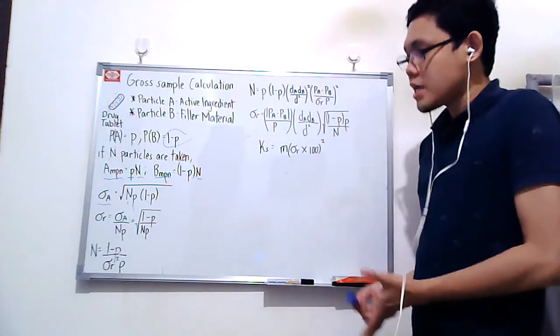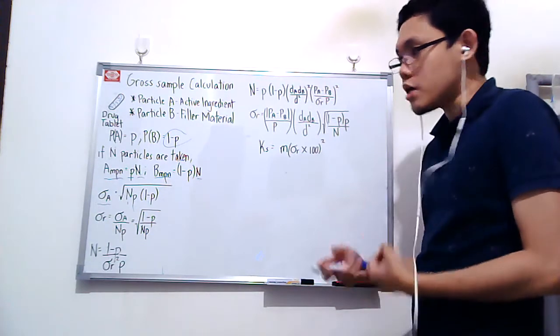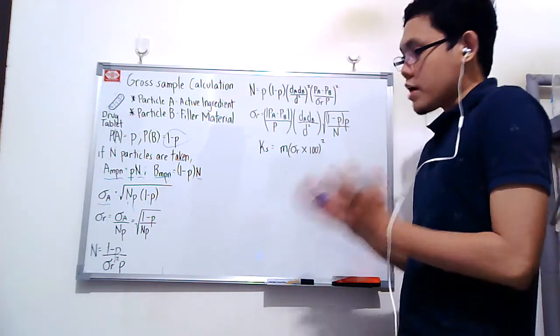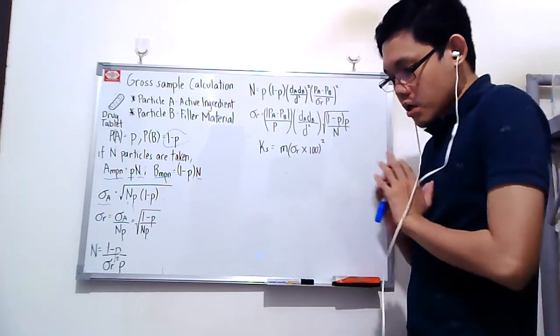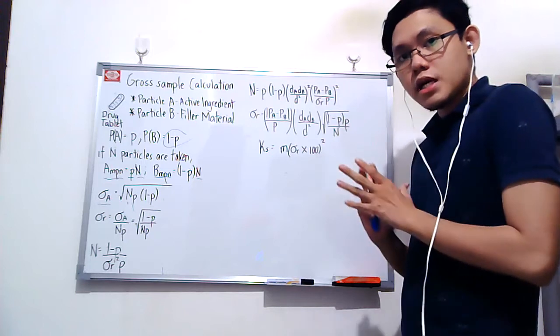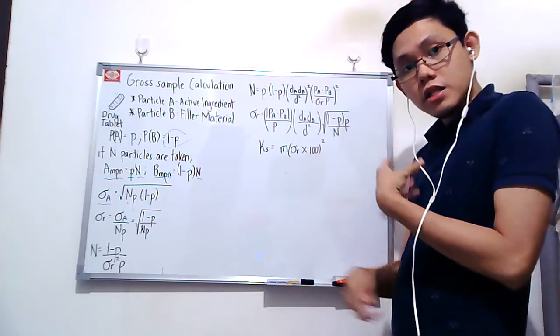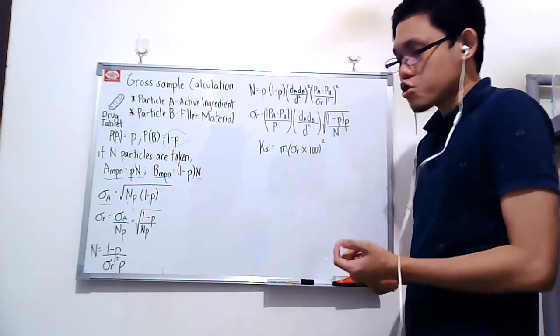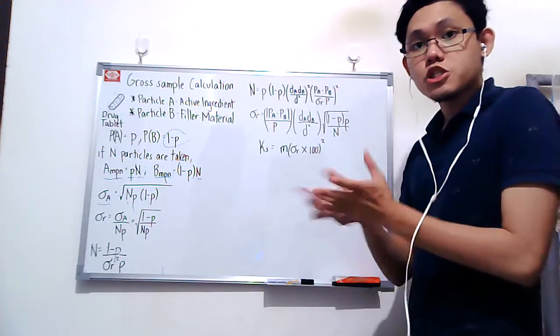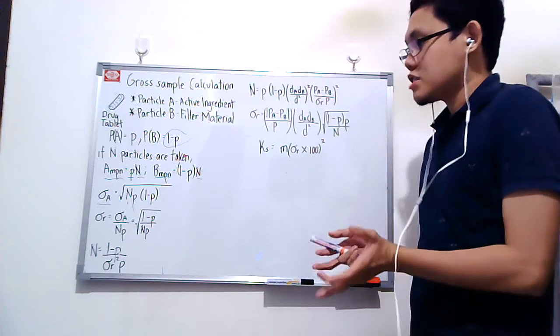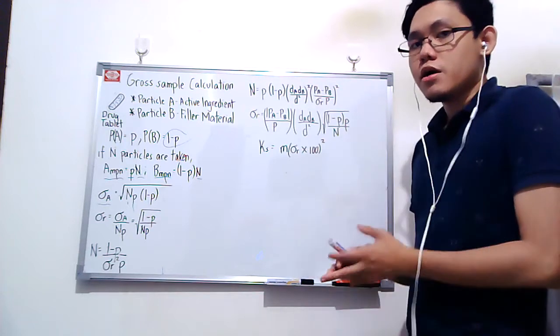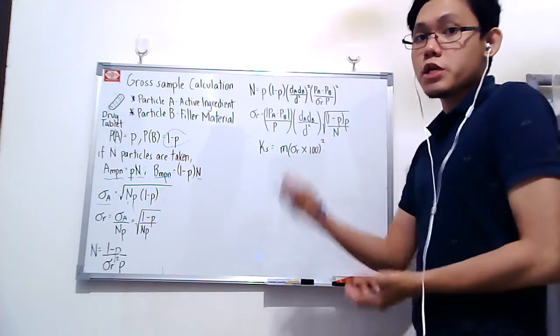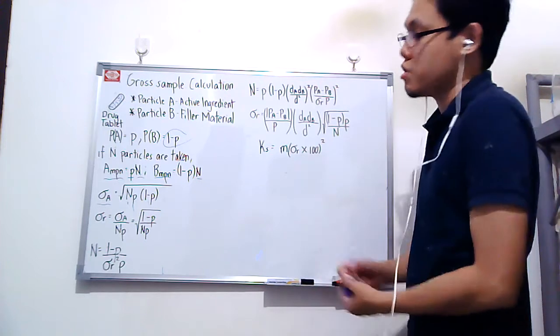Hindi siya letter s, kasi when you are having particles as your sample and having probability distributions, you are handling a large number of particles. So it's not a sample standard deviation, it's a population standard deviation.